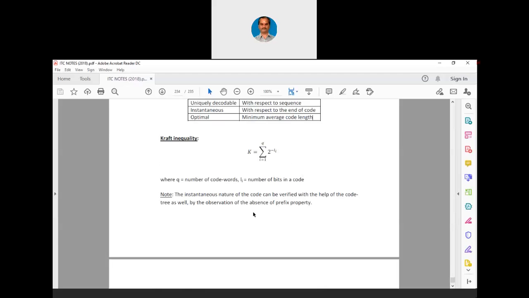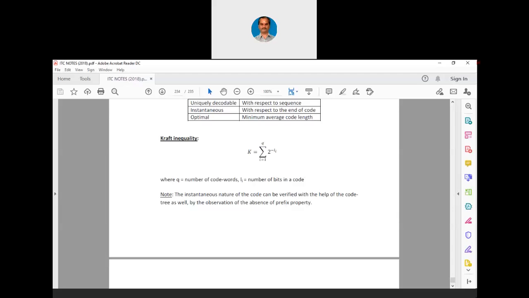The instantaneous nature of the code can be verified with the help of the code tree as well, by the observation of the absence of prefix property. For any given encoding scheme, you can write the code tree and visually inspect it to find out the instantaneous nature. That is one way.